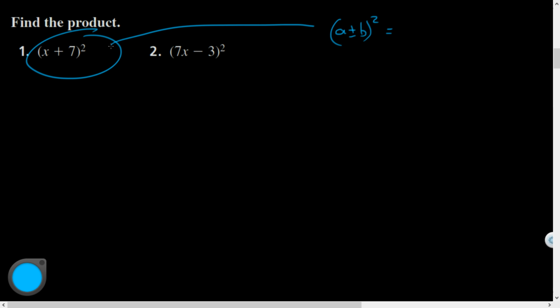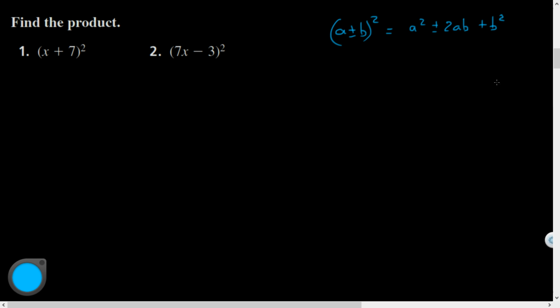This looks like that. Because it looks like that, I can use the pattern. If it didn't, then I'd have to use double distribution or FOIL or something else. And this is equal to a squared plus or minus 2ab plus b squared. Not a bad idea to write the pattern down, again and again, just to get familiar with it.